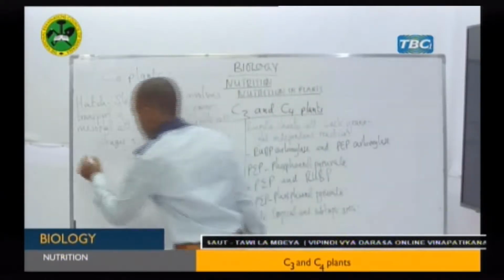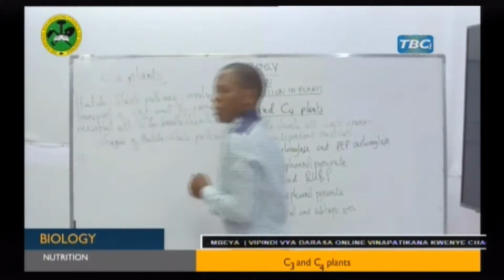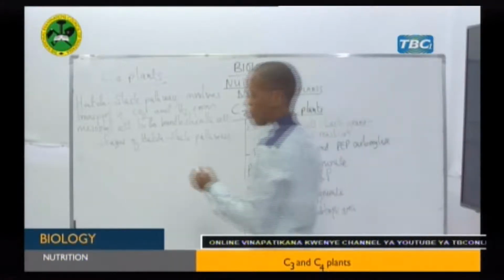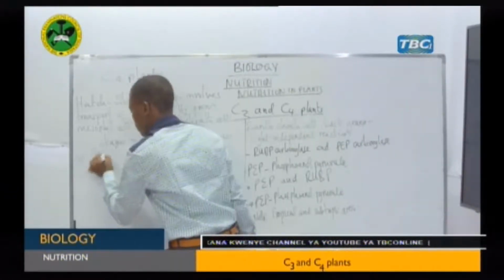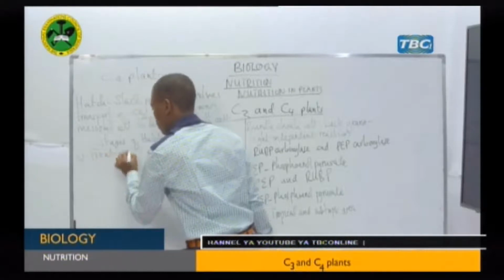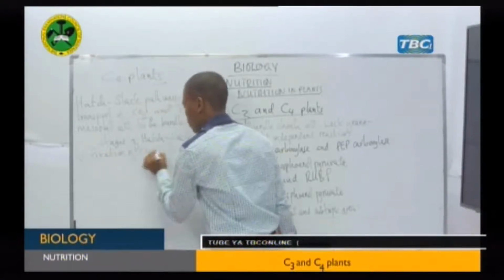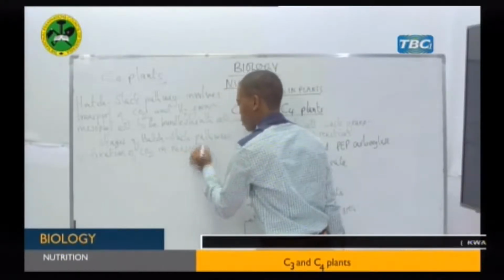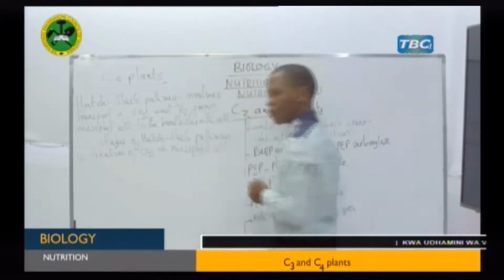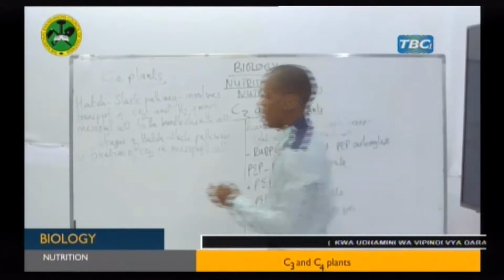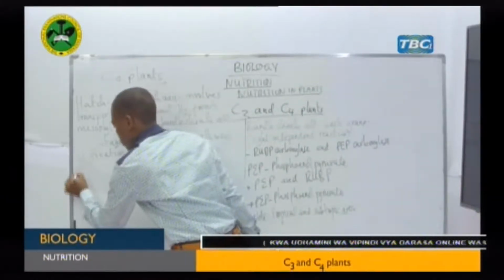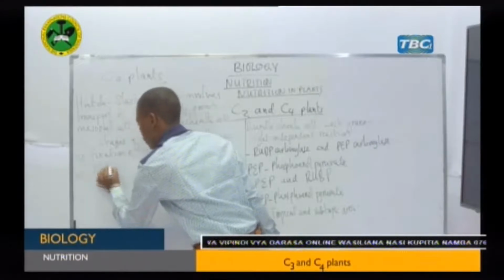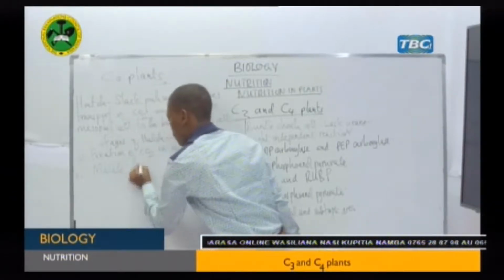The first stage, fixation of carbon dioxide in the mesophyll cell. The second stage is malate shunting.